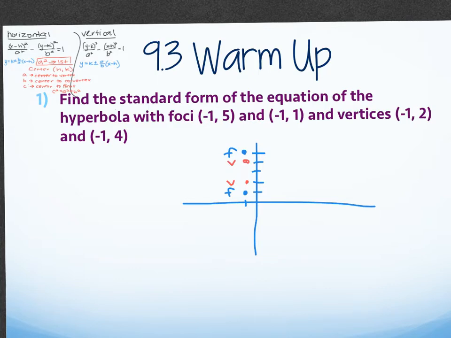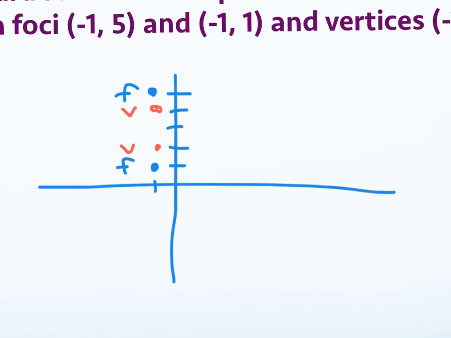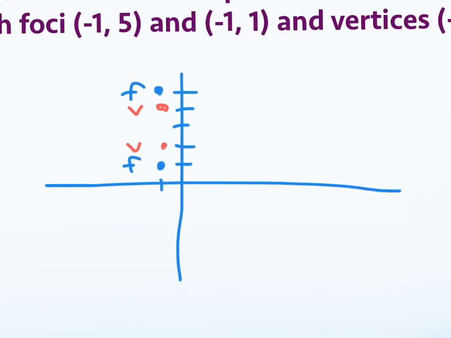So just from that little bit of information, you should already be able to tell me what about this hyperbola. It's vertical, which means what's coming first? Y. Just kidding, making sure you're paying attention. Y squared minus x squared. What else can you tell me?